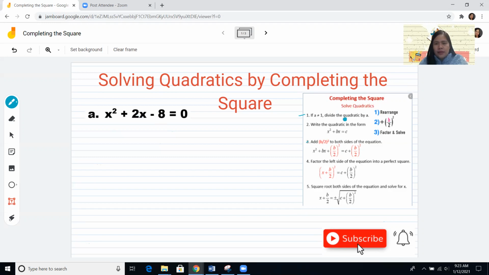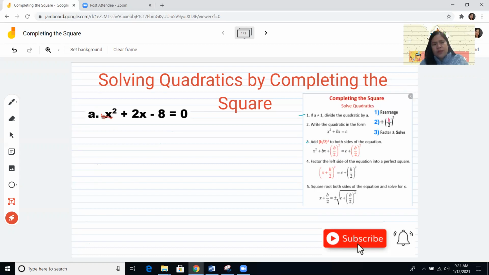If the numerical coefficient a is not equal to 1, we divide the quadratic by that numerical coefficient. But here, you cannot see any number on the quadratic term, which means the numerical coefficient of the quadratic term is 1. If you cannot see any number, it means it is 1.